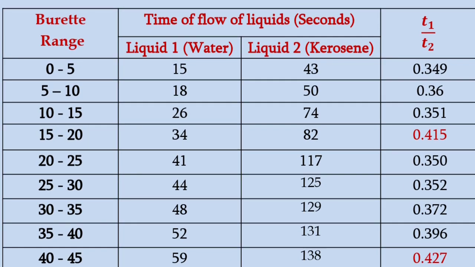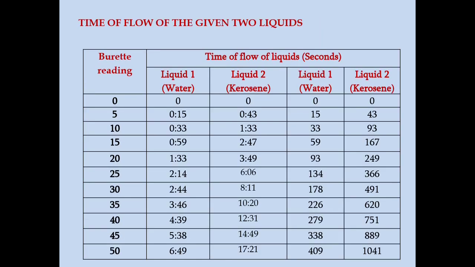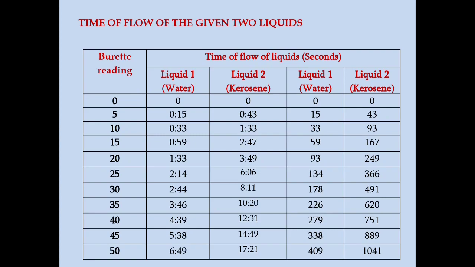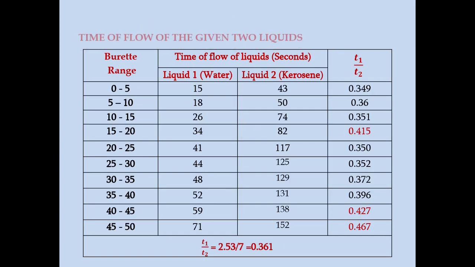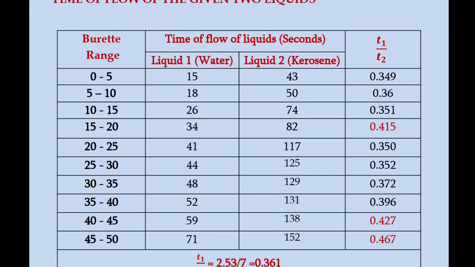For 10 to 15, it is the time for the 15 level minus the 10 level. In the previous table you can see for the 15th level it is 59 and for the previous level it is 33. So 59 minus 33 you get 26. In the same way you calculate till 45 to 50, that is 71.